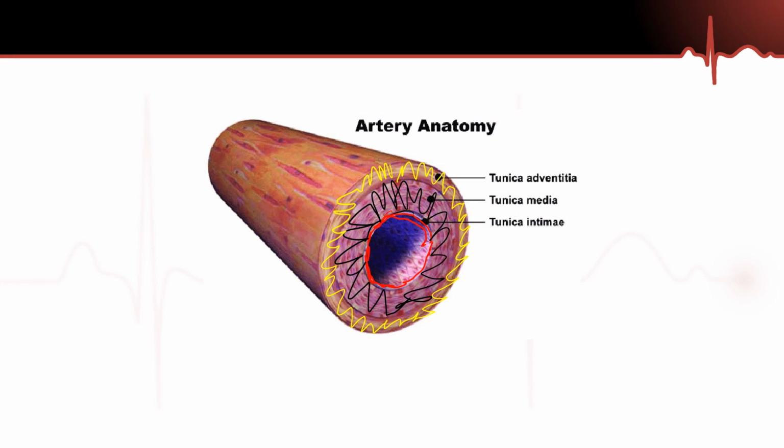Now, the question really is, what are these different layers made up of? And the answer is the tunica intima is made up of a whole bunch of what are called epithelial cells, squamous epithelial cells, simple squamous epithelium, also called in blood vessel terms the endothelium. These are just small flat-shaped epithelial cells, a single layer that lines the inside of these blood vessels.